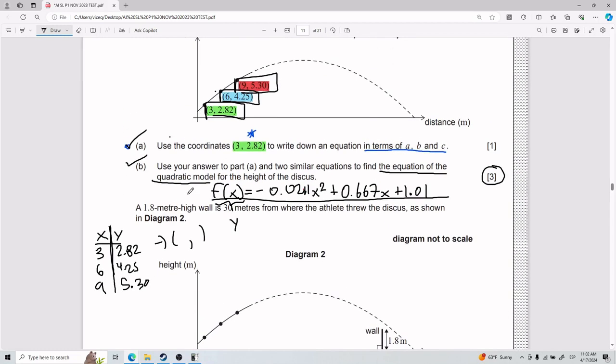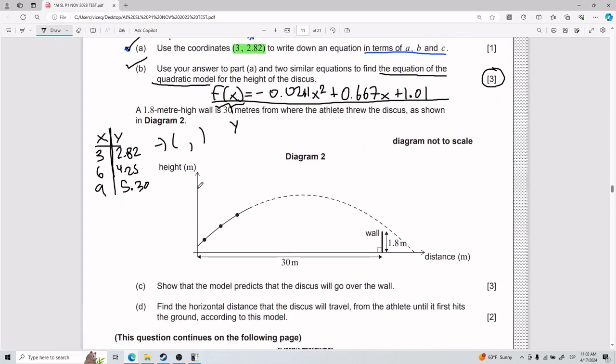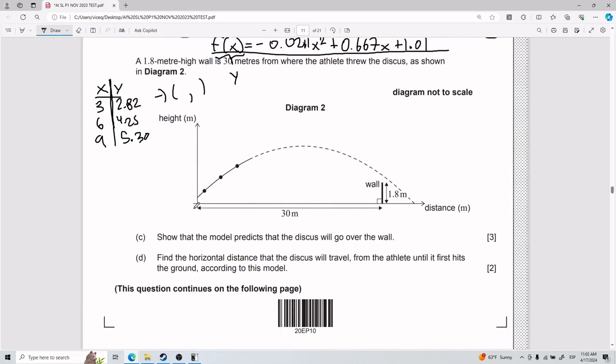Okay, why am I saying that? Because you know that the distance from 0 to the wall is 30 meters. And so which x value does this wall have? This wall has an x value of 30.